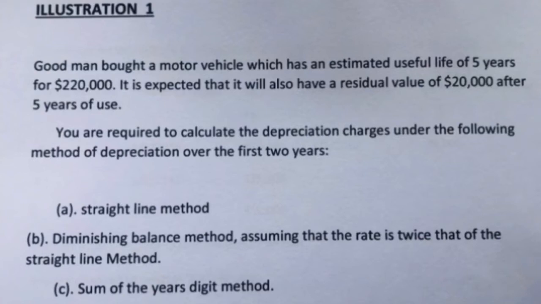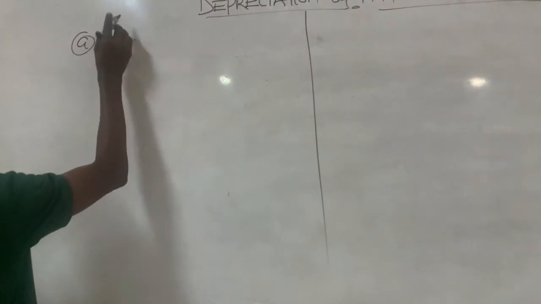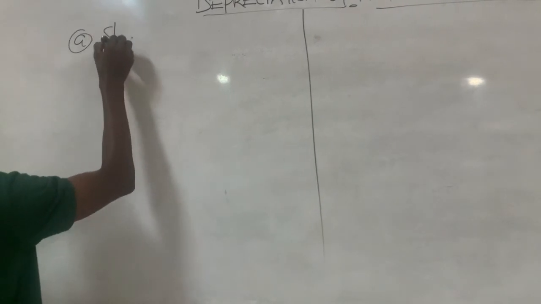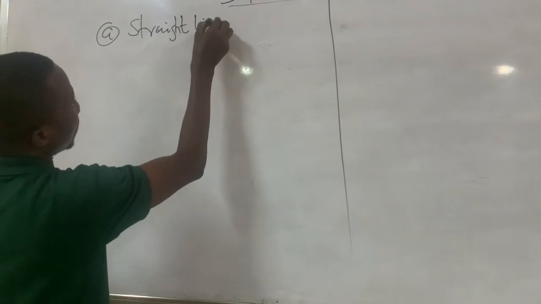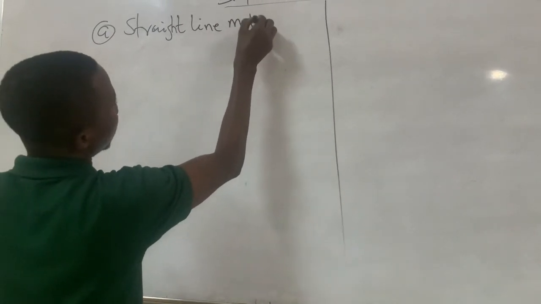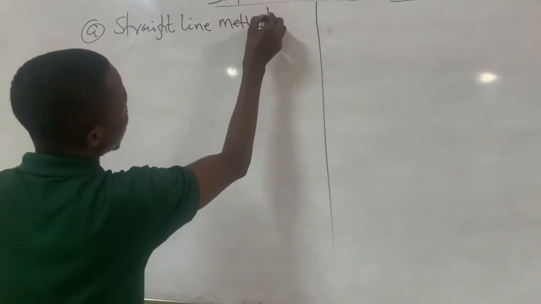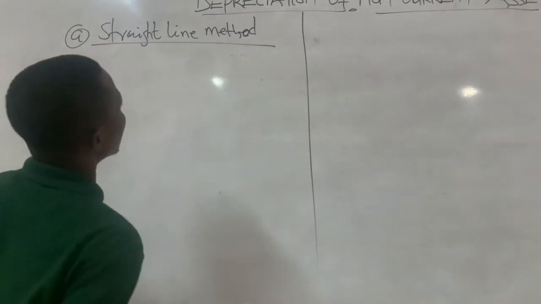Is that okay? So the first method we are to use is the straight line method. That is the A part. Straight line method of calculating depreciation.